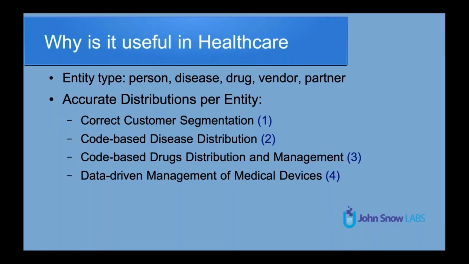We may have excess inventory of some devices, and lack devices needed to treat different diseases, and we found out by performing accurate disease distributions. And when I say accurate, it's code-based, when you can actually find distribution across ontologies like the ones we're going to see today, for example SNOMED, ICD-10, and so on.